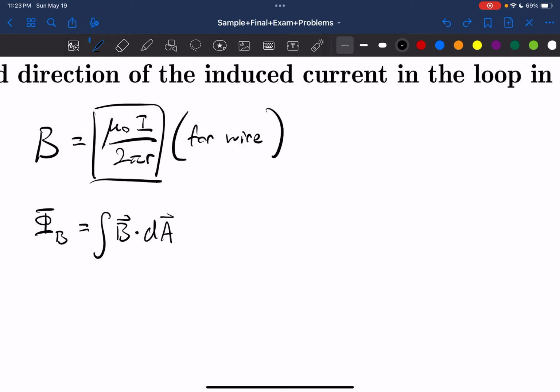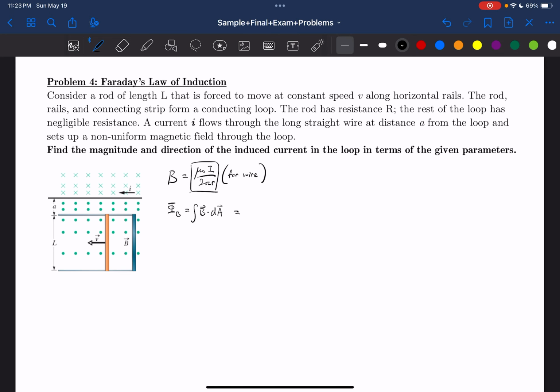Well, first thing we can look at is that a current I flows through the long straight wire at distance A from the loop and sets up a non-uniform magnetic field through the loop. That's one important detail. And to consider a rod of length L that is forced to move at constant speed v along horizontal rails.